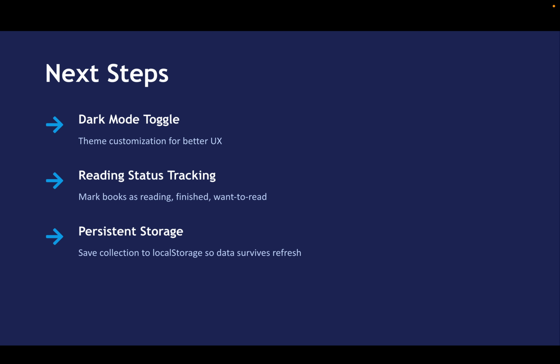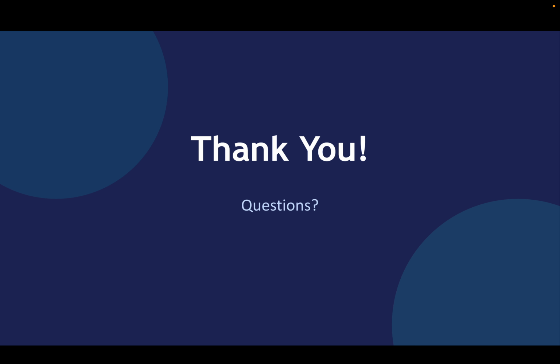Persistent storage. Currently, every time we load this site, the information goes away. Adding persistent storage would let it survive refreshes and let users track their data long term. Definitely something helpful.